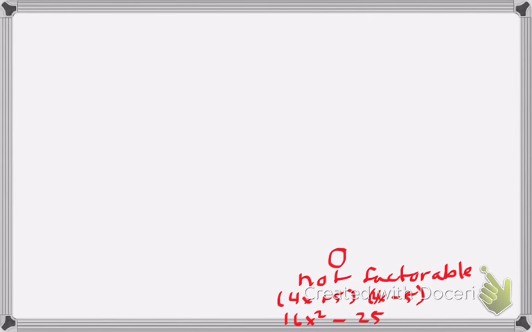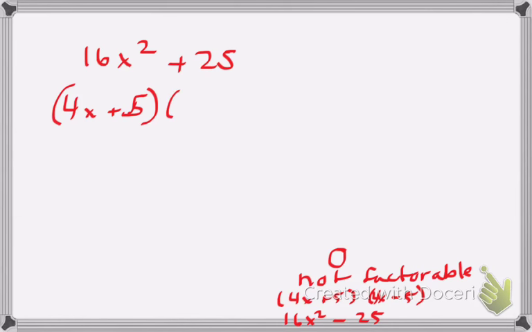Let me add this here. Again, it was 16x squared plus 25. So we've tried 4x plus 5 times 4x minus 5. We get 4x squared, 16x squared.